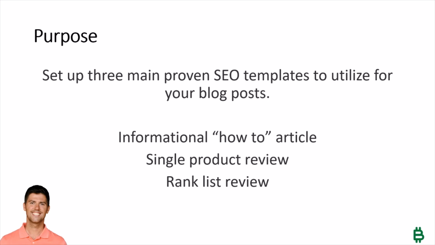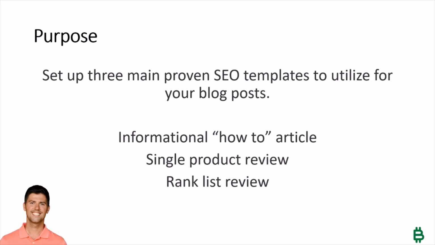Now, the 3 articles that I'm referring to are: 1, an informational how-to article. So this is like a step-by-step guide that you're giving someone. You provide value, you know what you're talking about, and you're just going to give them advice on how to do something. In my case, in this niche that I've chosen for this course, the dog anxiety niche, it would be something like how to handle your dog's anxiety with a step-by-step list.